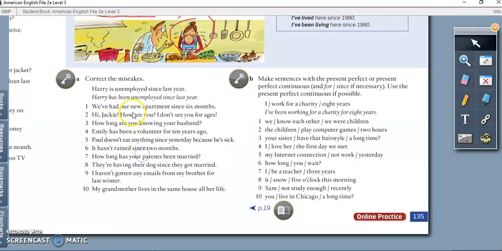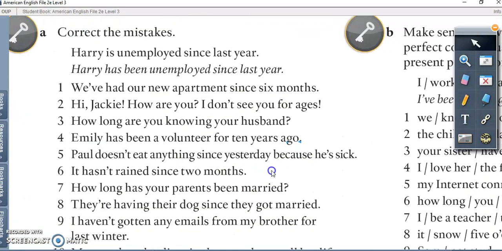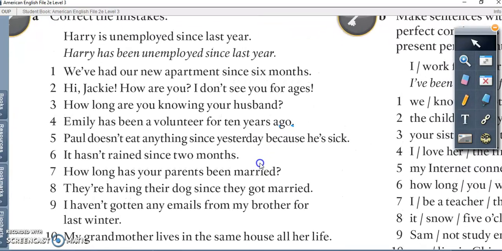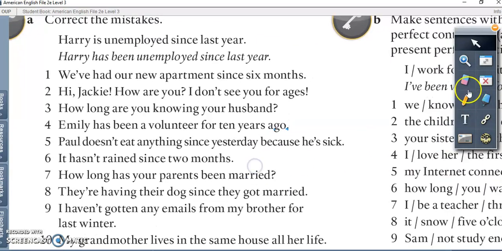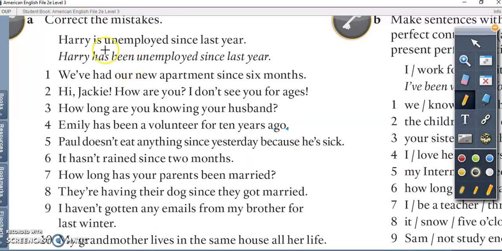And we have here two exercises, part A and part B. In part A, all of the sentences have a mistake, and you have to correct them. Harry is unemployed since last year. Here you're going to change it to has been unemployed since last year. In number one, you say we have had our new apartment since 6 months.